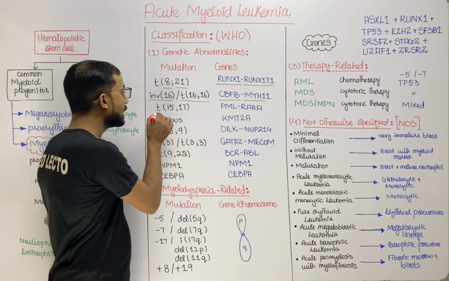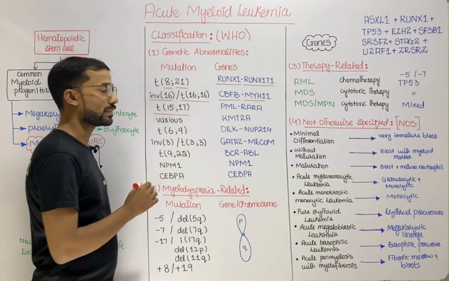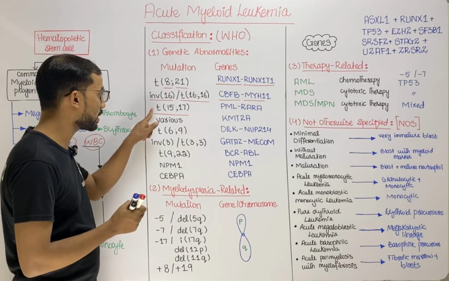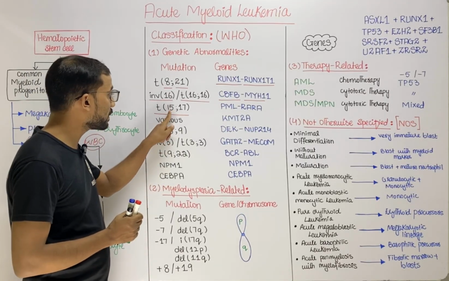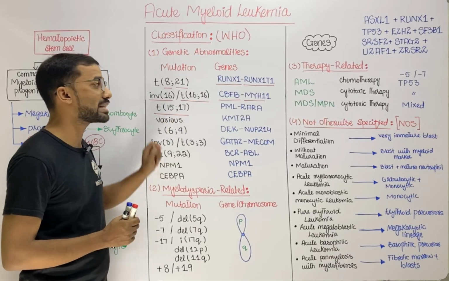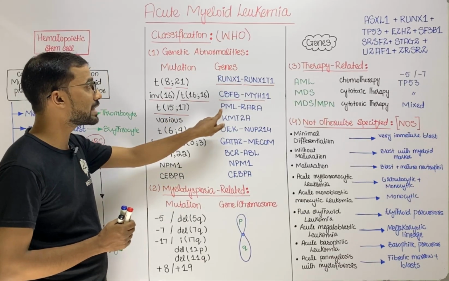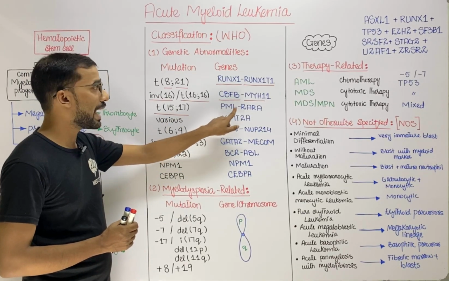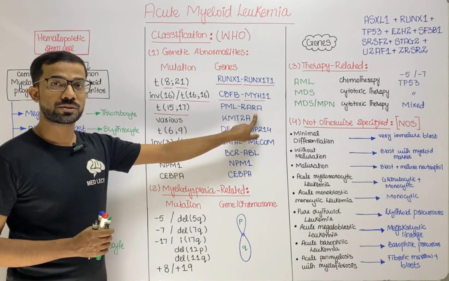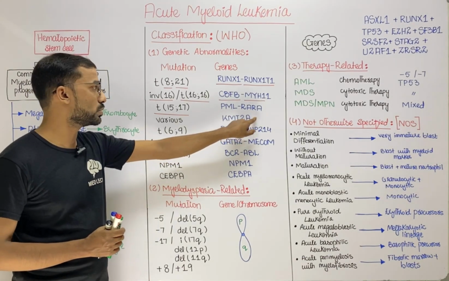Next is the t(15;17). It means T for translocation, translocation between chromosome number 15 and 17. And as a result, you will see the PML gene and the RARA gene. So this is the fusion of these two genes.